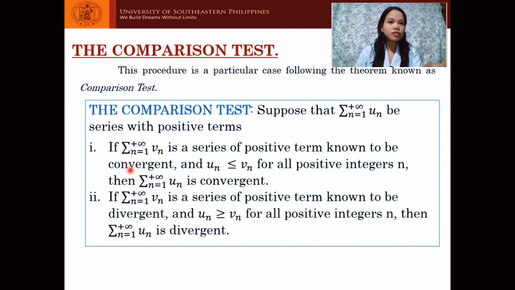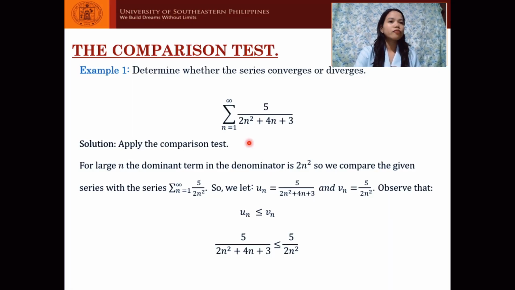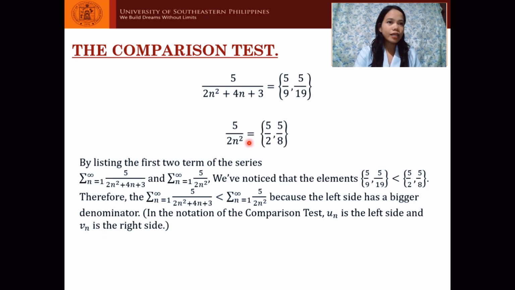So for this example, we found that the summation of 5 over 2n squared plus 4n plus 3 from 1 to infinity is a convergent series using the comparison test.